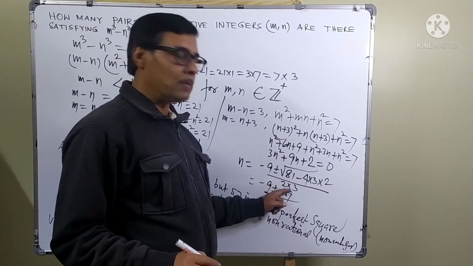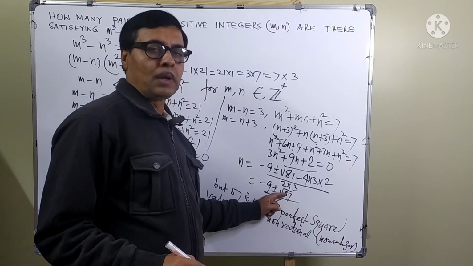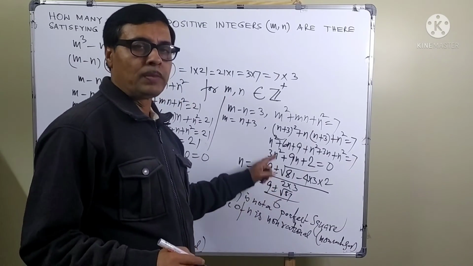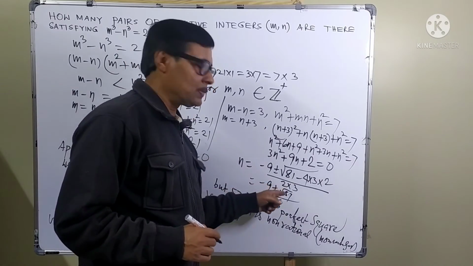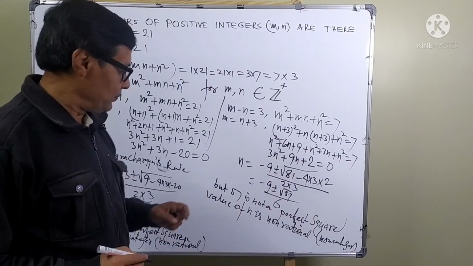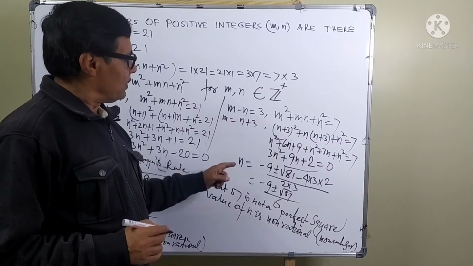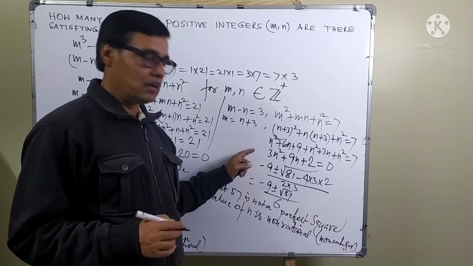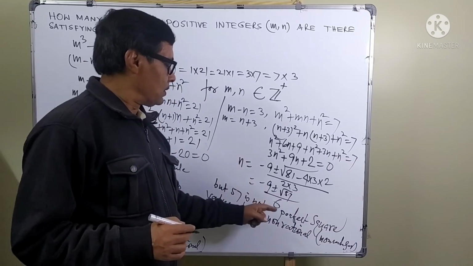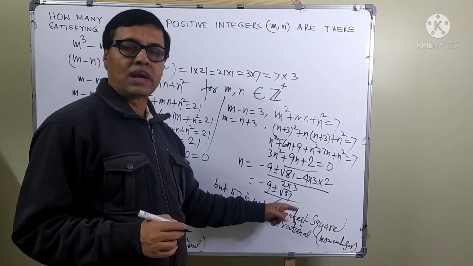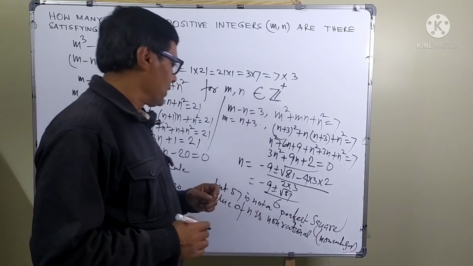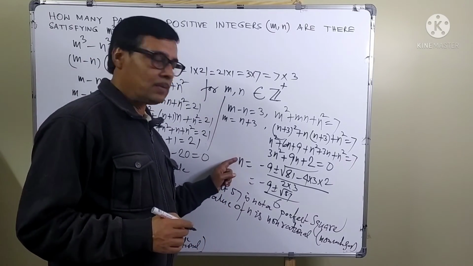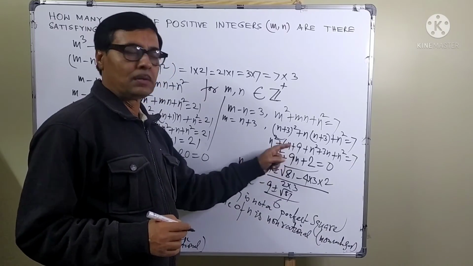As 57 is not a perfect square, root 57 cannot be rationalized. So we cannot find any integer value of n; the value of n is always non-rational, that is non-integer. So we cannot find any integer value of n from this equation.